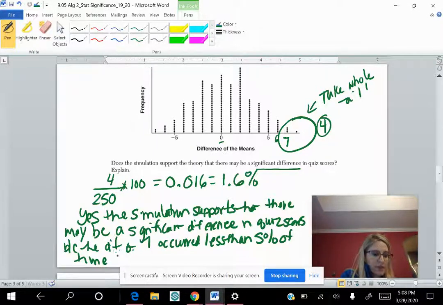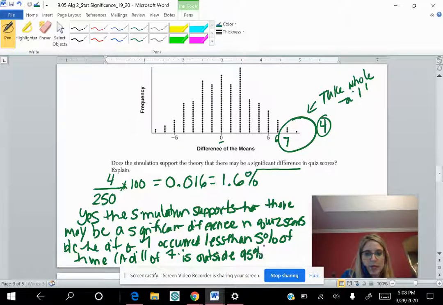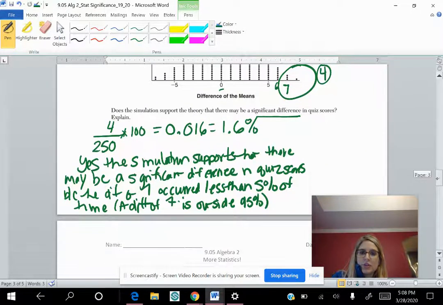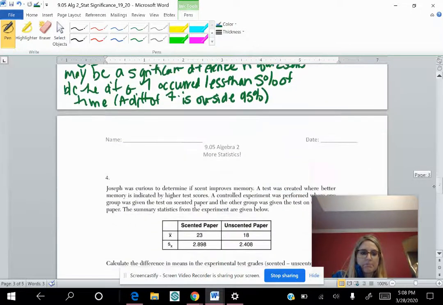So in other words, a difference of 7 does not lie within the 95%, it is outside the middle 95%. Okay, so yes, then there is statistical significance to this outcome.